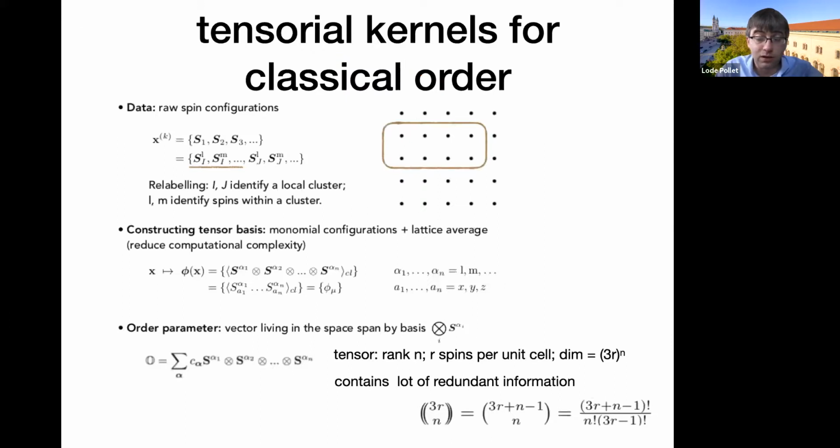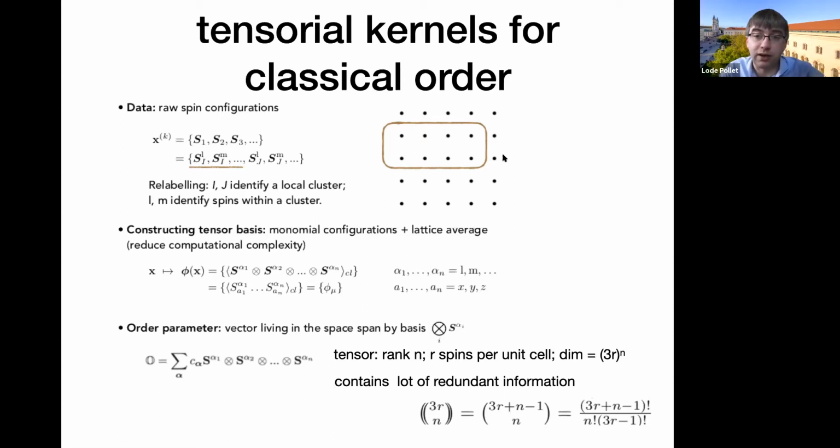Now the most important property of what we do is actually what is called the tensorial kernel. Namely, we need a way of expressing all possible order parameters for classical models in this case. The way that this is done is as follows.